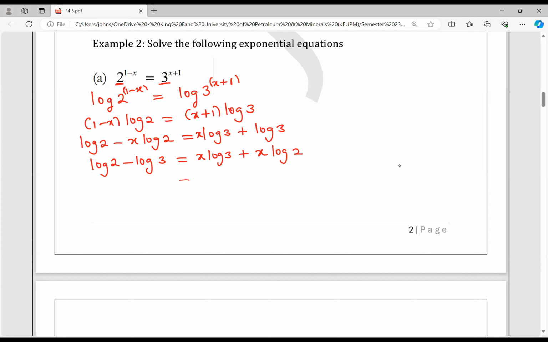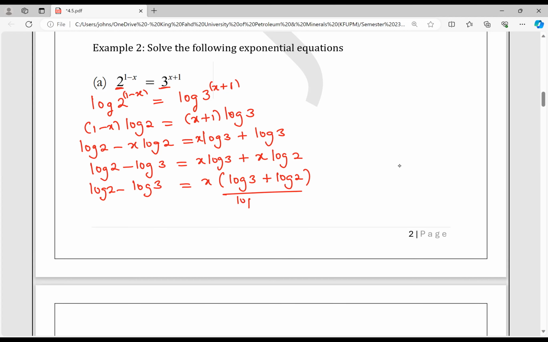Now we can factor out x. So this is x times log 3 plus log 2, and here we still have log 2 minus log 3. So we can divide both sides by log 3 plus log 2.